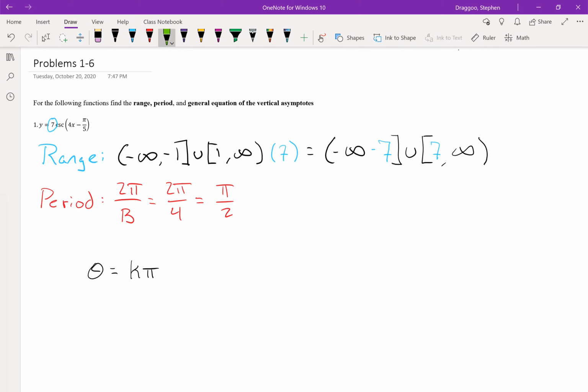To find the specific equation for vertical asymptotes for a given function, I'm going to look at everything that's on the inside. So in our case, 4x minus pi over 5, since that would give me whatever angle it is that I'm actually plugging into the cosecant function. And I'm going to set that equal to k pi, and then solve for x.